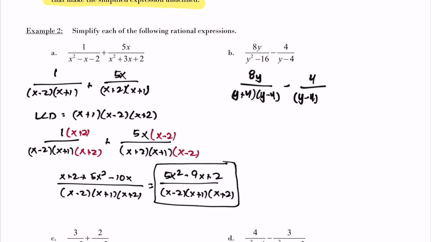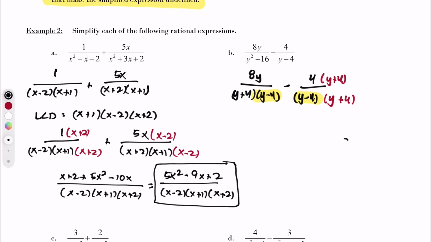Now, what is the LCD? Well, I've already got a common factor of y minus 4. It's just that the fraction on the right is missing a y plus 4 in the top and the bottom. So I'm going to do y plus 4 in the bottom, and however I treat the bottom is how I have to treat the top.